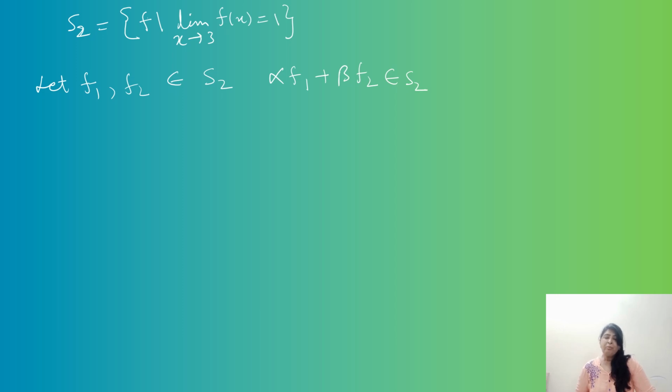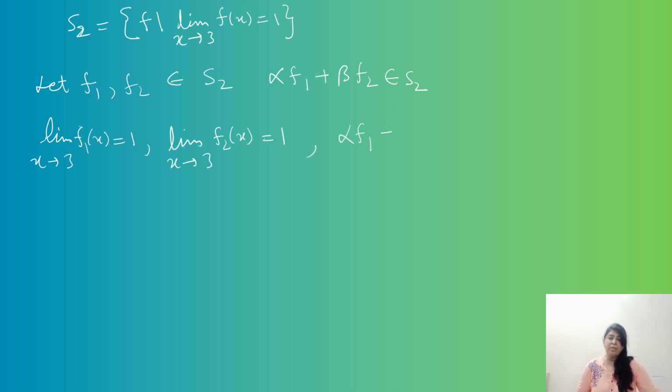Now f1 belongs to S2, so this implies the limit as x approaches 3 of f1(x) is equal to 1, and the limit as x approaches 3 of f2(x) is equal to 1. So alpha f1 plus beta f2 of x is equal to alpha f1(x) plus beta f2(x).